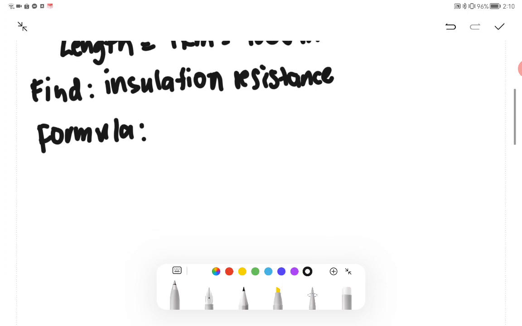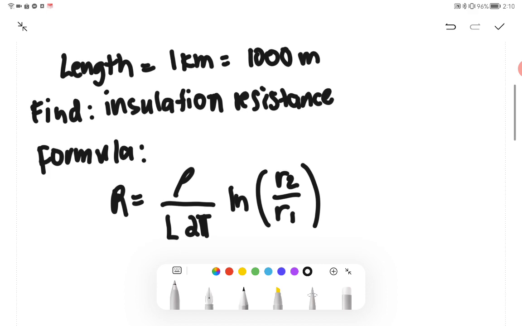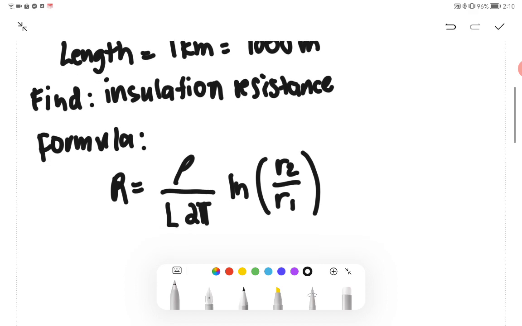So what would be our formula? Our formula in solving this one is R equals rho length, multiplied by 1 over 2 pi, multiplied by ln R2 over R1, right? Am I right? Yes. Okay, so how could we get our R2?